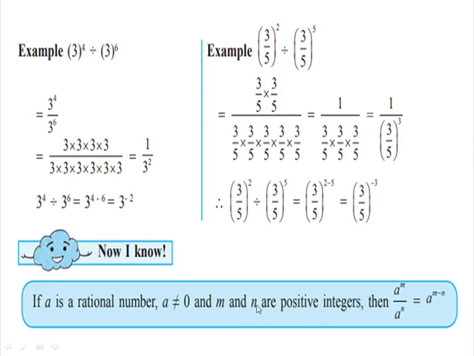Here in this class you are learning that the index numbers are positive integers, then a raised to m upon a raised to n is equal to a to the power m minus n. So either the index of numerator is bigger or smaller than the index of the denominator, we will always subtract index of the denominator from the index of the numerator in index. And in this case, the base will remain the same.